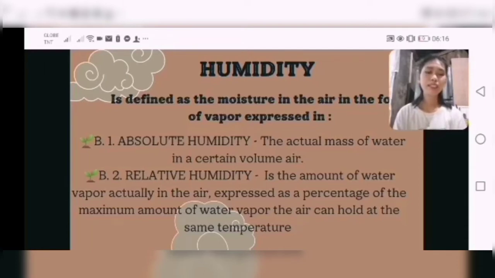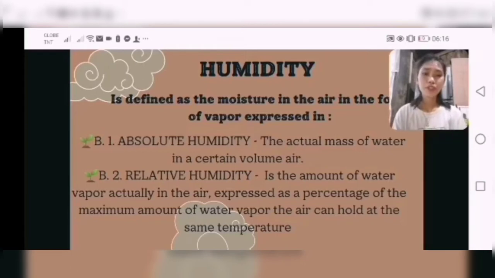Absolute humidity is expressed as grams of water vapor per cubic meter volume of air. It is a measure of the actual amount of water vapor or moisture in the air. Regardless of the air's temperature, the higher the amount of water vapor, the higher the absolute humidity.